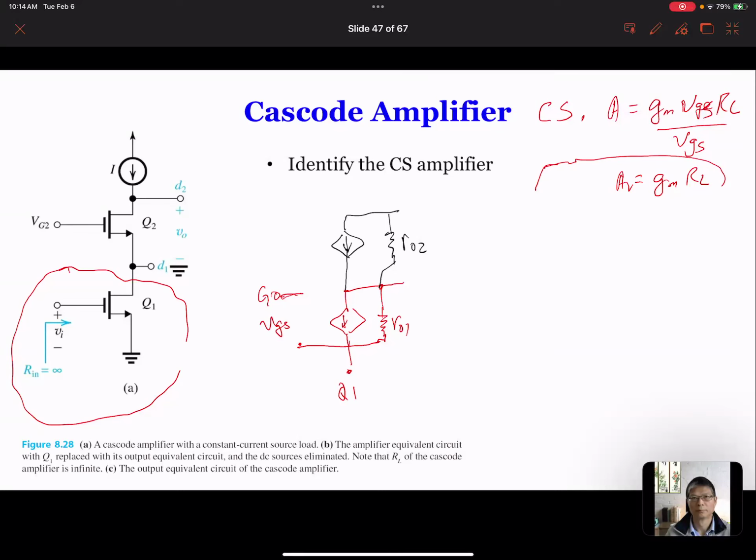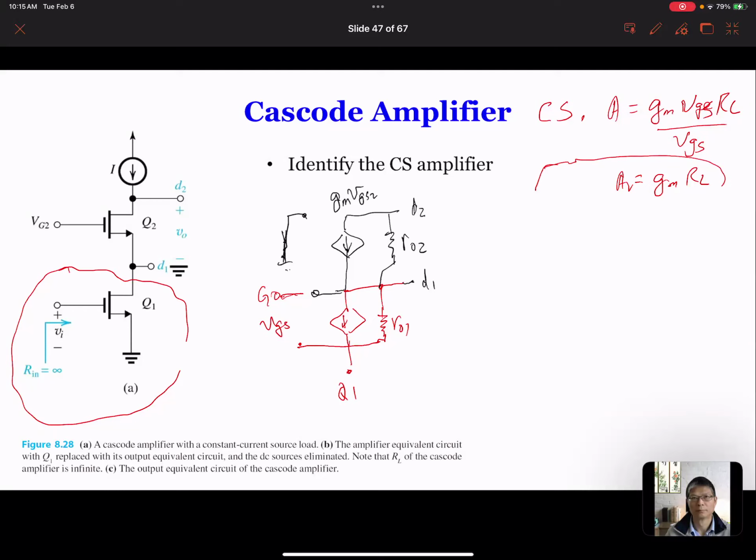And then this is ground. So the very important thing is that the current source at the top, which is for Q2, is going to be gm times VGS2.